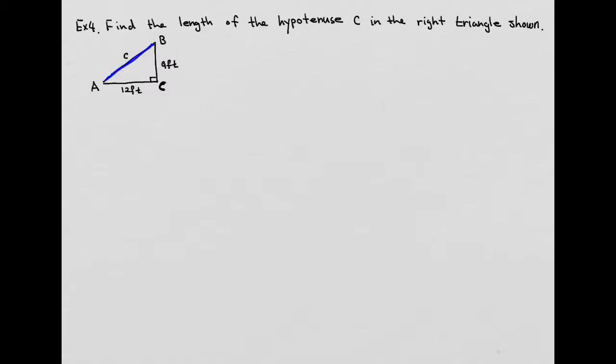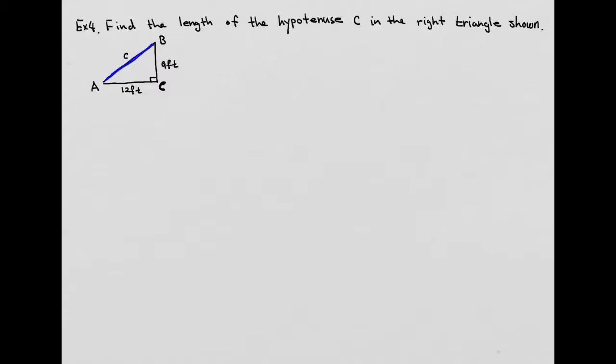So this length is going to be larger than 9 and larger than 12, right? And we call that the hypotenuse. And if we have a right triangle, we can use the Pythagorean theorem. What does the Pythagorean theorem say?